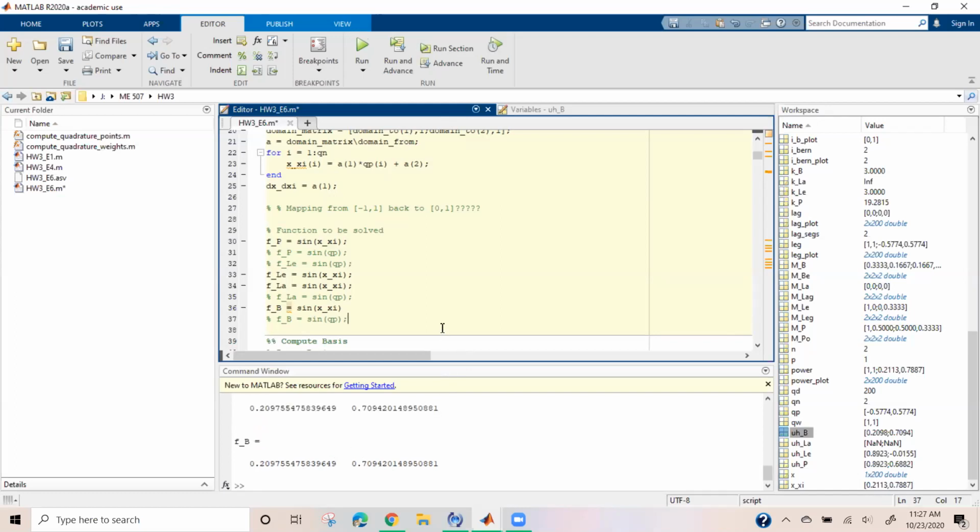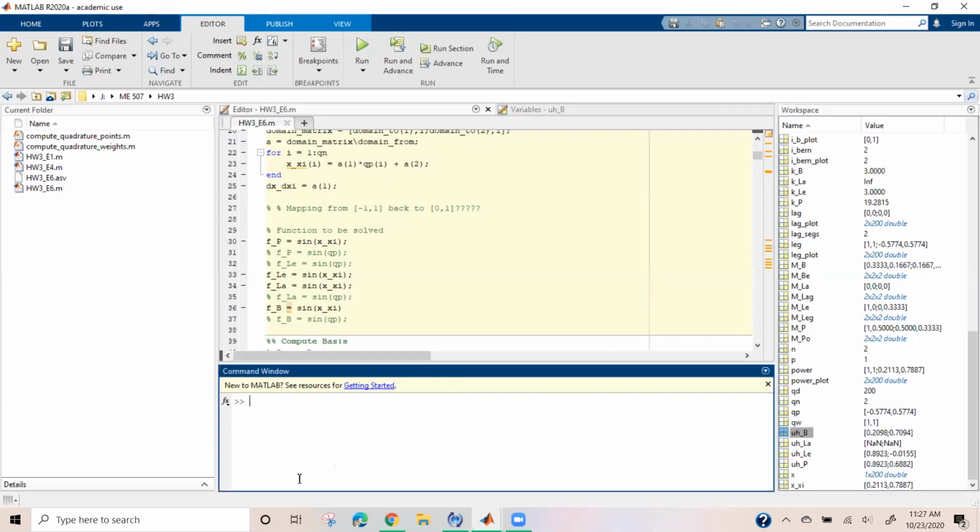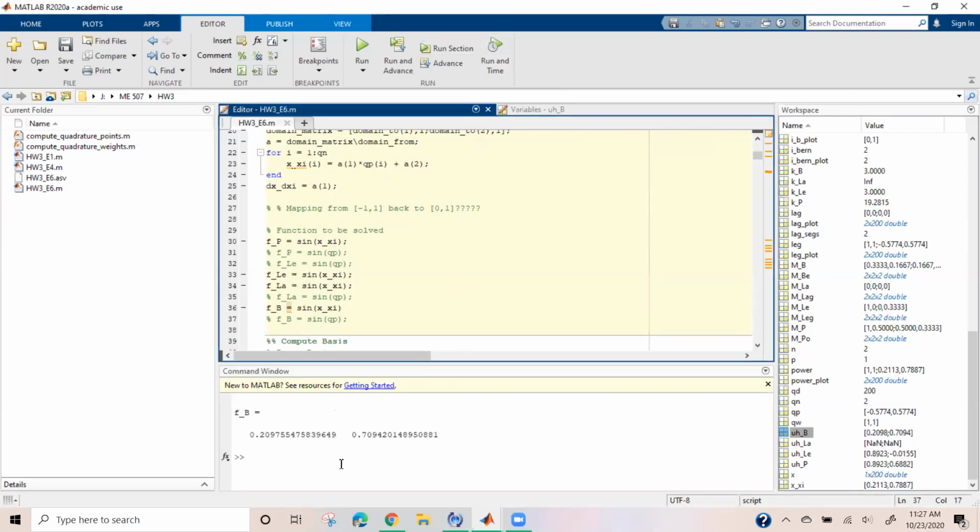So now you're printing FB twice, right? Let me just clear and start over. So that is the FB of just this section when I created it. And then what is it at the end?